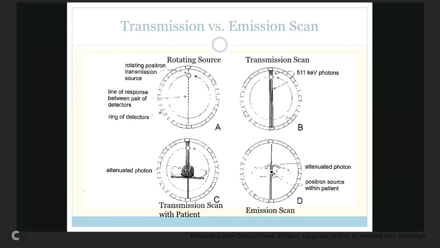And then transmission scan with the patient. So the patient's in there and your transmission rod is going around. And then the patient goes in and you're actually acquiring your actual image. So obviously with mathematical algorithms, you're able to do the actual attenuation correction scans to make the images look prettier.